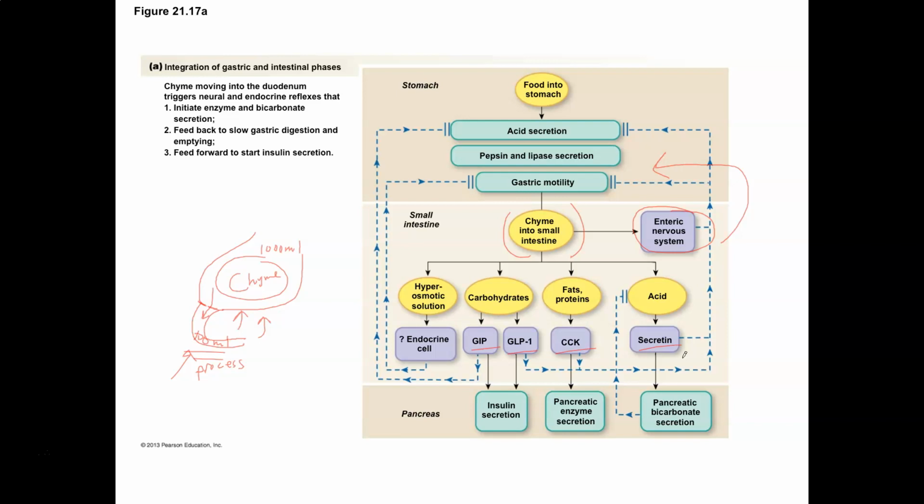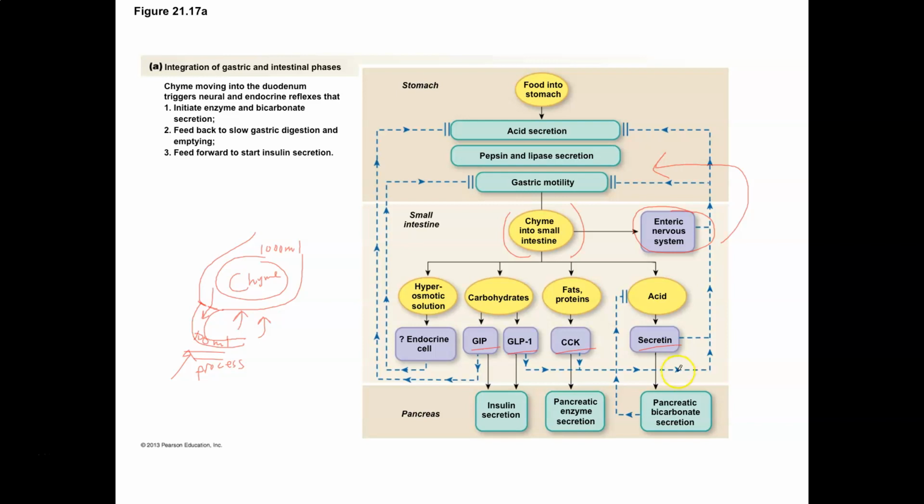So secretin, cholecystokinin, gastric inhibitory peptide, glucagon-like peptide, these are released to slow down and inhibit the stomach so that the intestines have time to do their job. And that, in essence, is what the intestinal phase is.